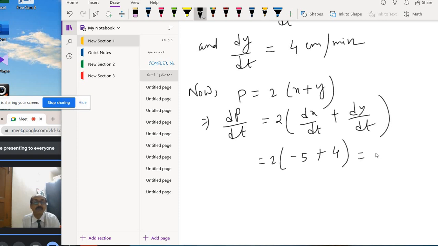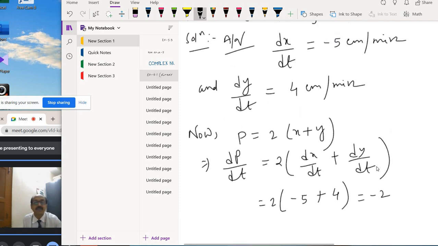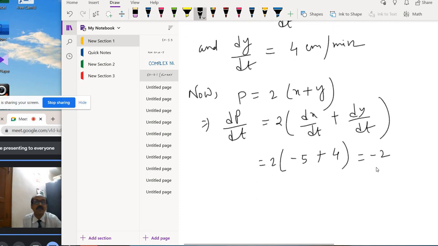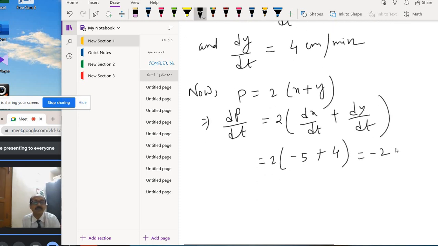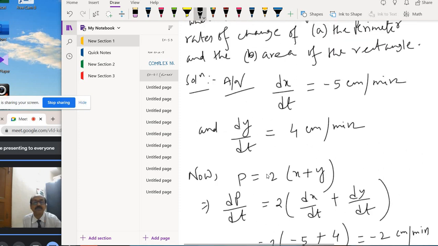The unit is centimeter because it is a length, so centimeter per minute.